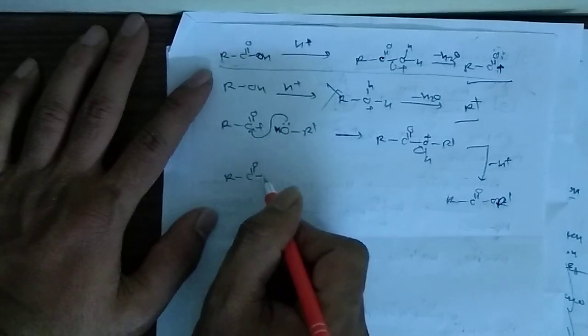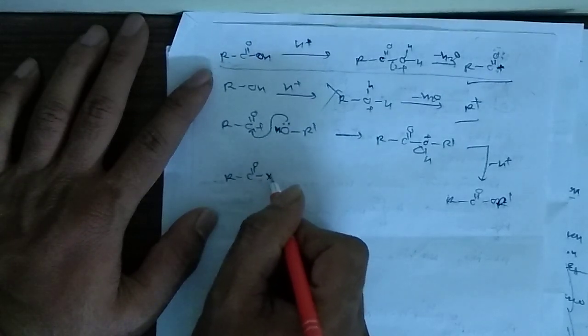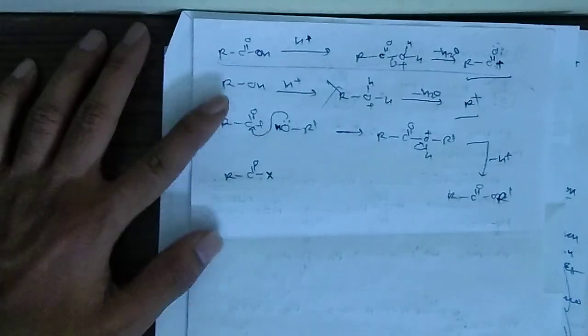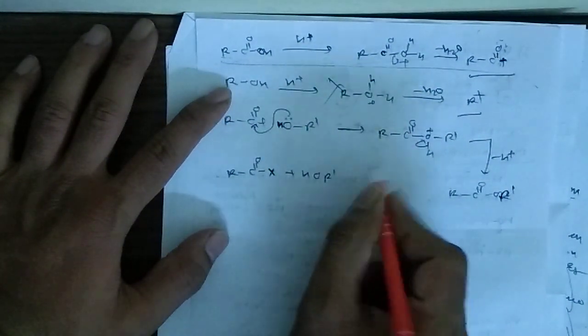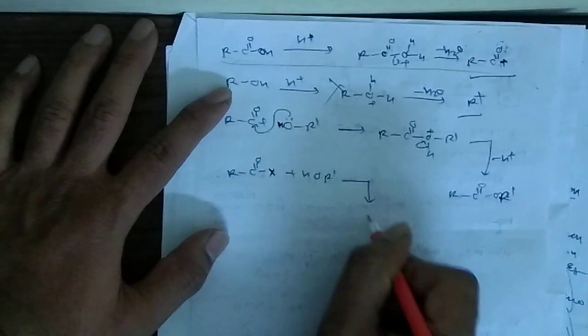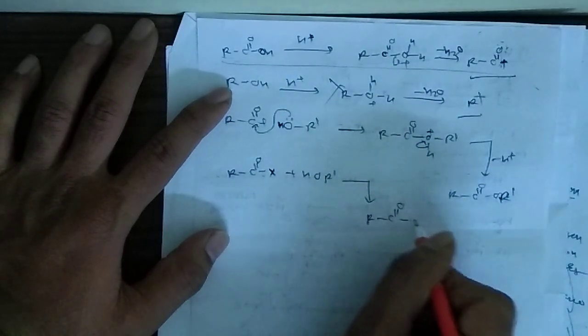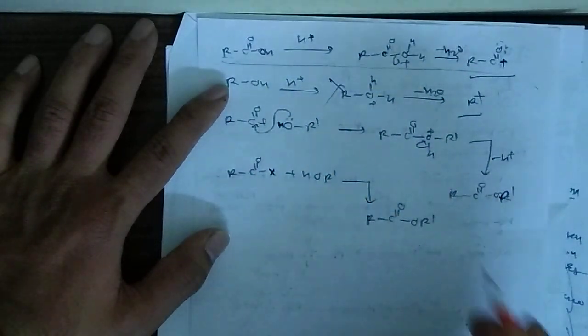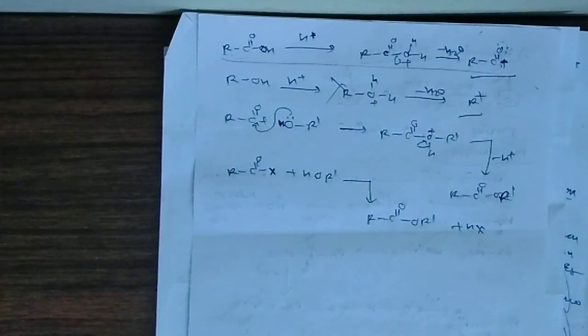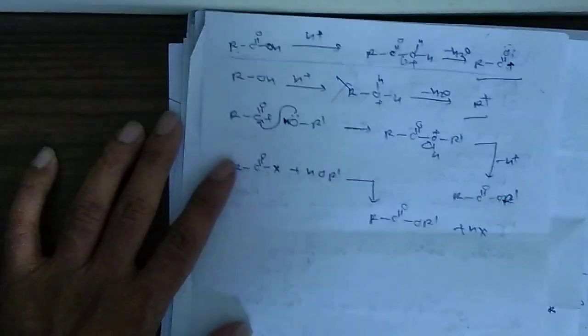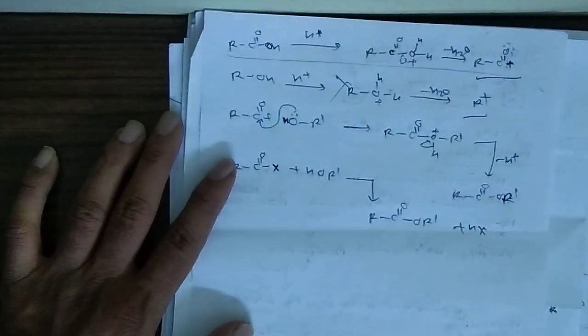Here any leaving group like chlorine or bromine, I am simply writing X equal to halogen, plus HOR', forms COOR' and HX, that is a halogen acid. But here halogen acid is present, therefore hydrolysis of that reaction will occur again.